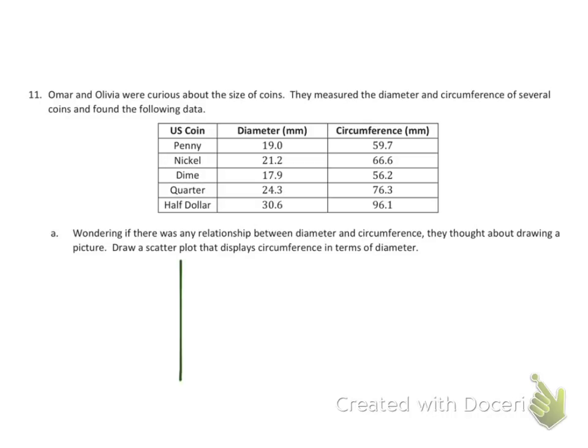Let's talk briefly about what variable we want to use for our independent and what variable we want to use for our dependent. Let's read what it says. We want to display circumference in terms of diameter. So our circumference is going to be over here.